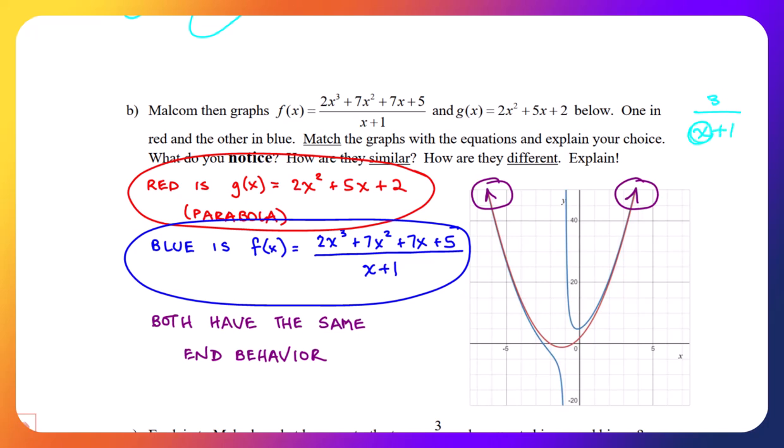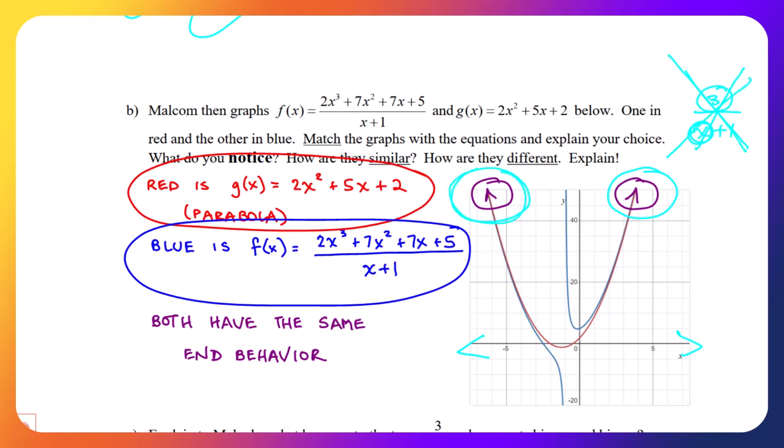As x gets bigger and bigger and bigger, 3 over big is smaller and smaller and smaller, which means as x gets huge, this remainder becomes almost meaningless, which means as x gets bigger and bigger, the graph starts to look the same because this part is meaningless.